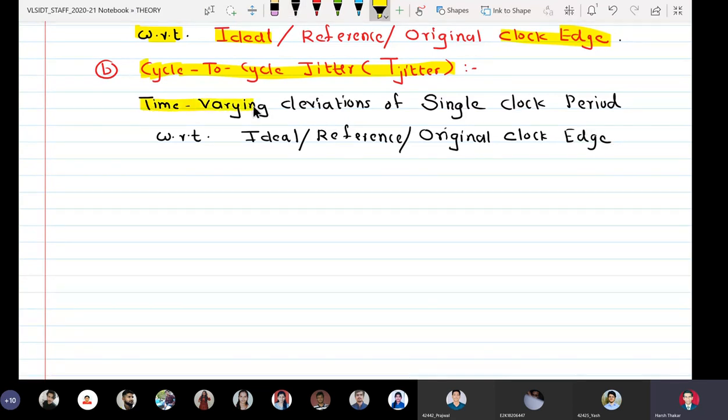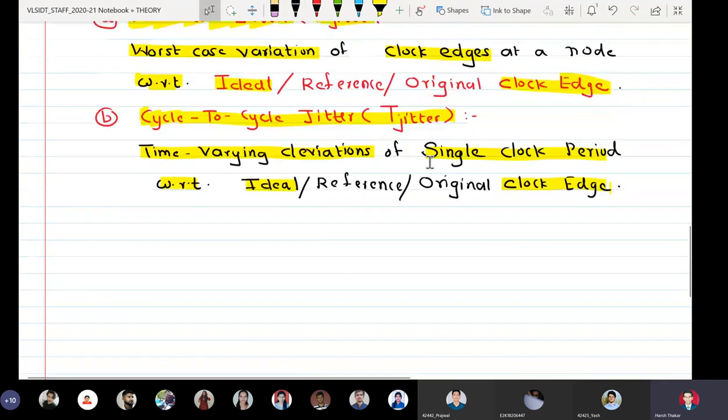Okay, so time varying deviations of single clock period with respect to ideal clock edge. Okay, fine.